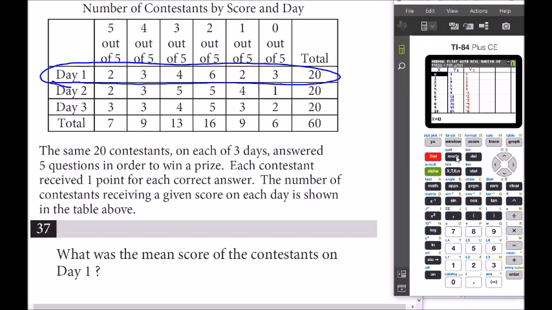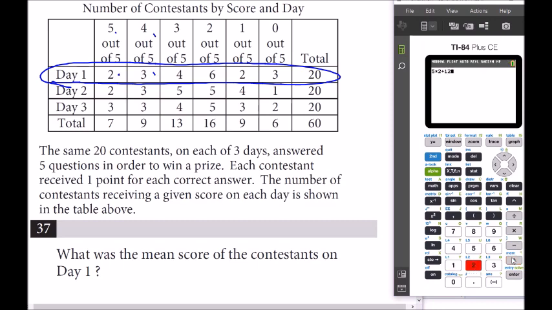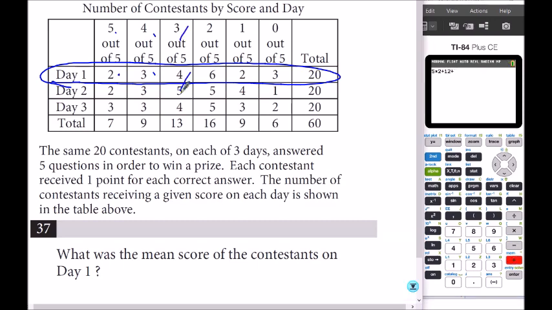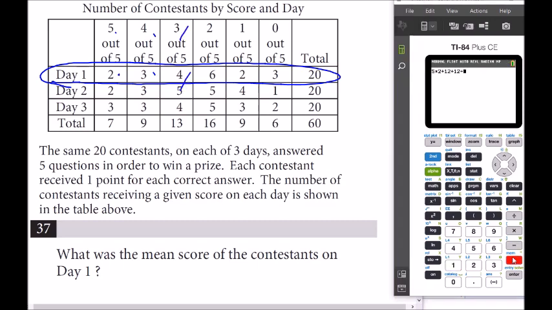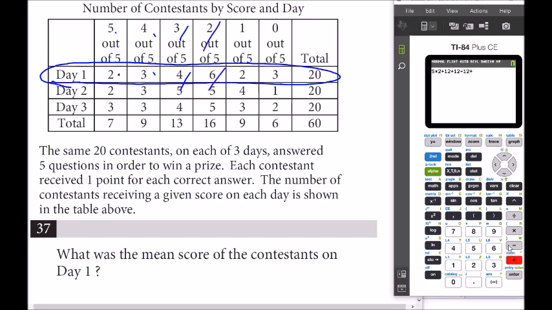So the first one is what? 5 times 2. 4 times 3, which is 12. 3 times 4, 12. 2 times 6, again, 12. 1 times 2, 2. And 0 times 3 is 0. You don't have to add that. And how many people were there? 20.